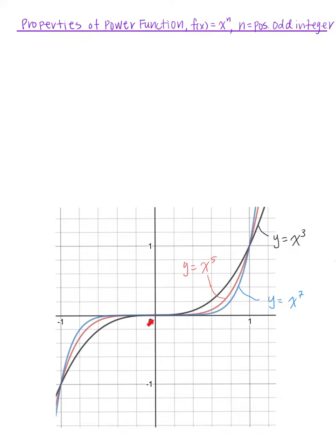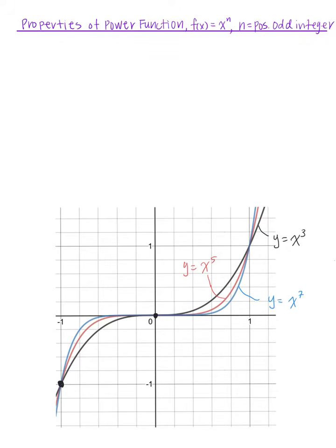Well, I notice first that the graph is symmetric with respect to the origin, of course, because f(x) is an odd function. That's one of the properties of the odd function. And the domain and the range, let's talk about that. Looks like the domain is the set of all real numbers. And what about the range? Looks like the range is also all real numbers. Now the graph always contains the point (0, 0), and also (-1, -1), which is this intersection here.